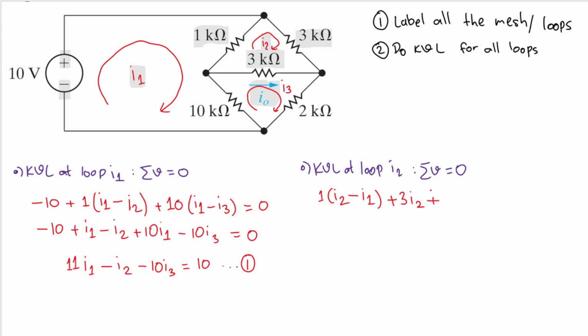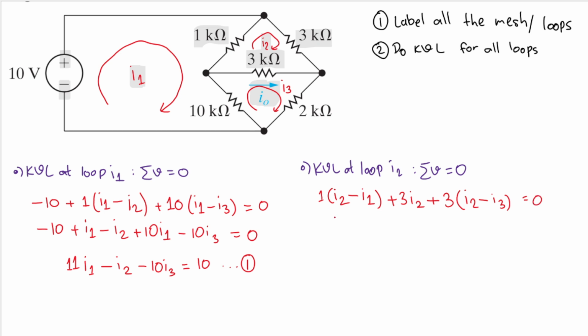So we'll have 3 multiplied by I2 first. But here, I2 is flowing to the left, and I3 is flowing to the right, so we need to subtract I3. All of that is equal to 0.